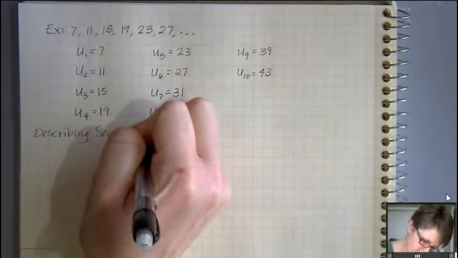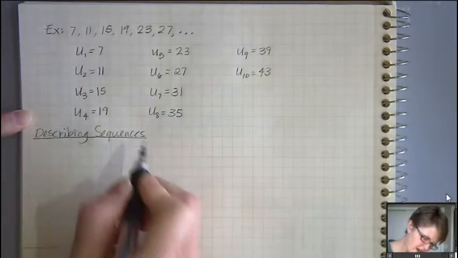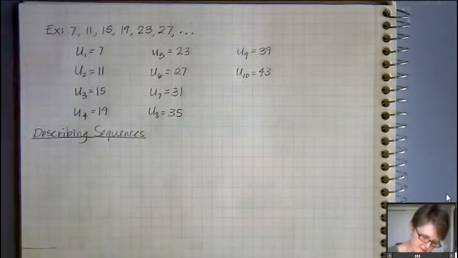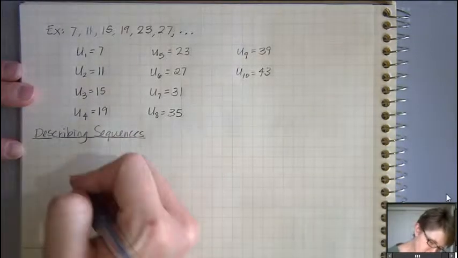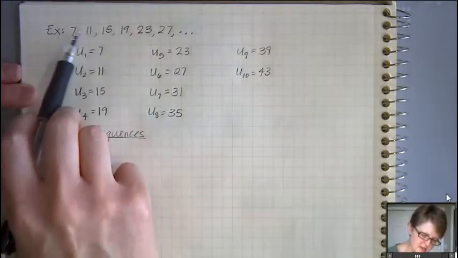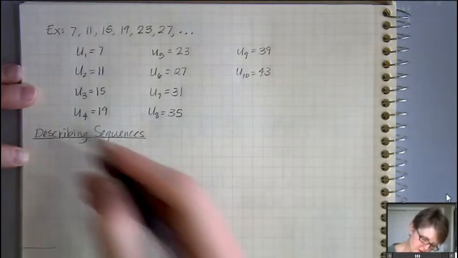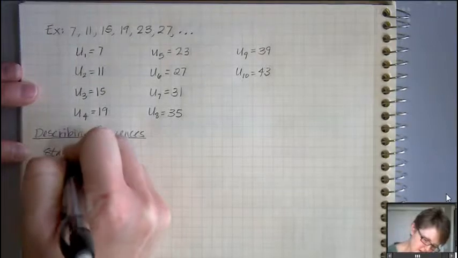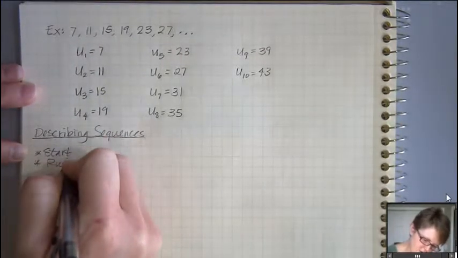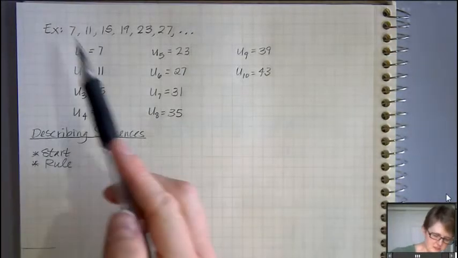When we describe sequences, there's two things that we need to be able to say so that somebody could come up with the same sequence. The first thing we need to say is the starting point. The next thing we need to do is tell them where to go from there. So remember, we have to have the start and the rule. For instance, add 4 each time is our rule.